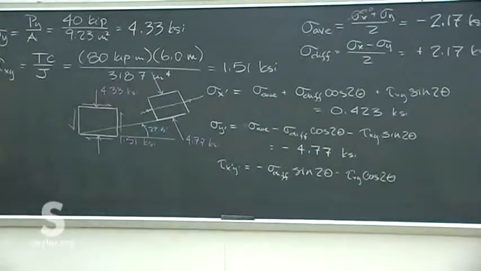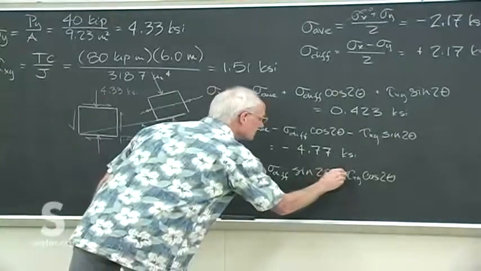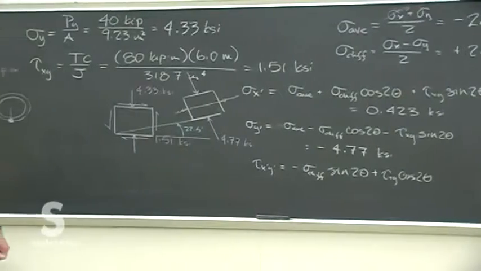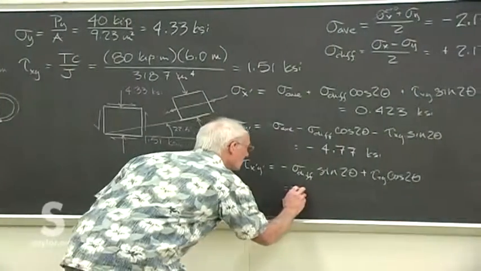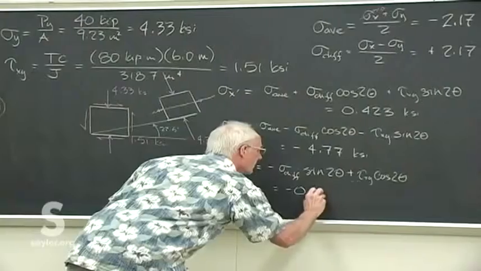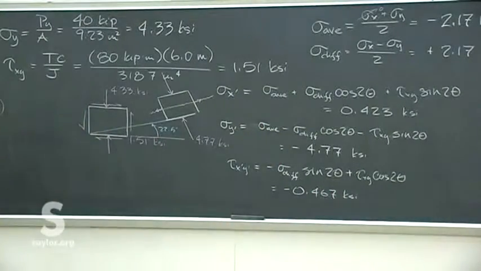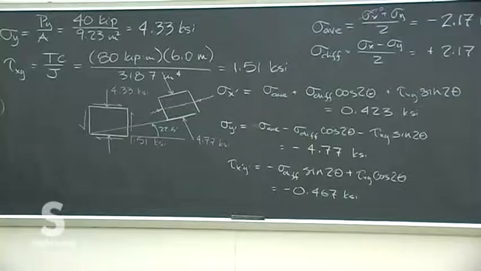That's just a straight trigonometric component there. So we get minus 0.467 KSI. So pretty small shear stress, but it's up to the technicians, I guess, to determine whether this weld can actually withstand that, because that will depend upon the type of weld, the material, the quality of the weld.